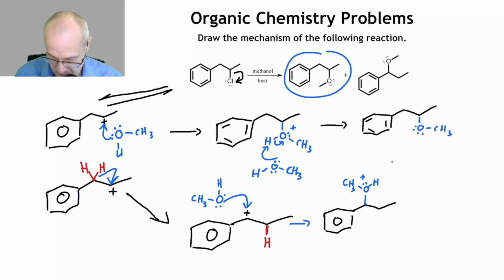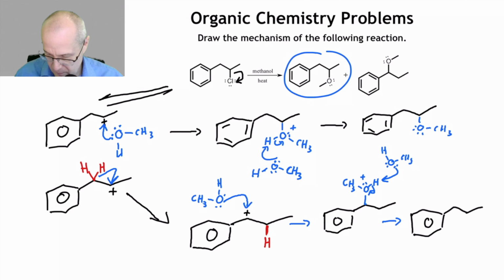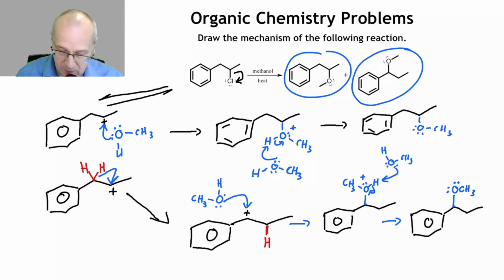And now we're going to give the product. And there you go. This product is this one. Let me circle that for you. There you go. That's how you do that. That's how you determine the product right there.